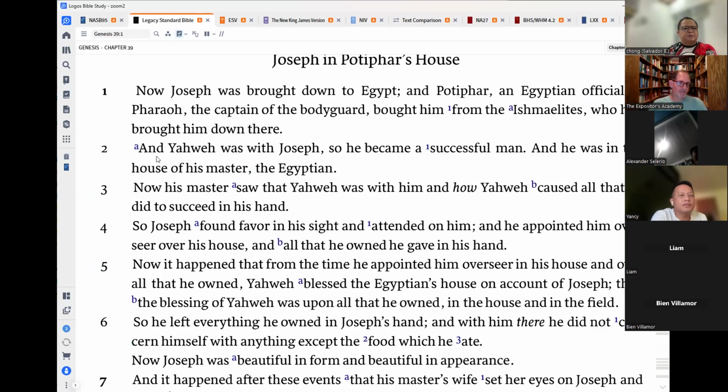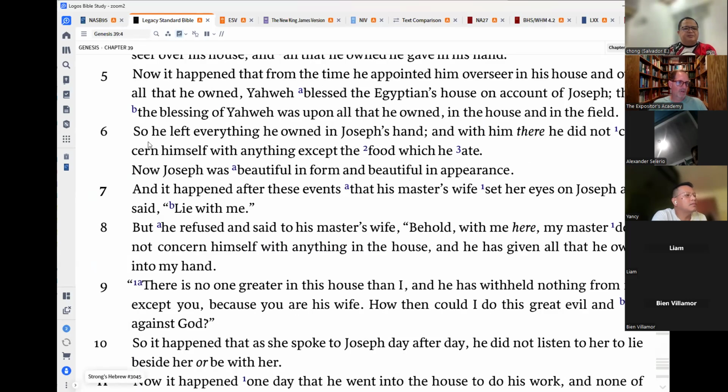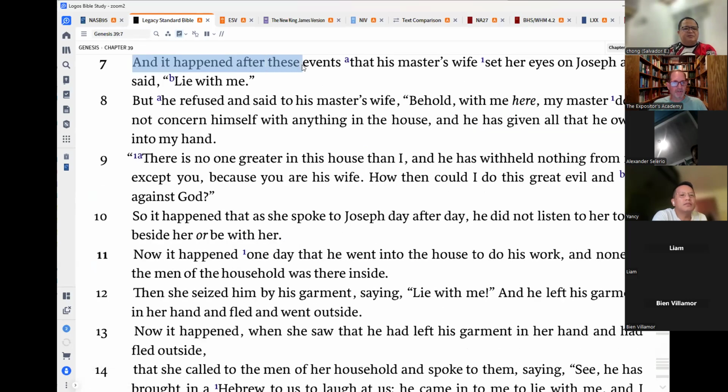So I would see the first scene, or really it was an introduction, and I think it is from verses 1 to 6, because in verse 7, notice it happened after these events, and then now we get into a specific situation that took place while Joseph was in the house of Potiphar.